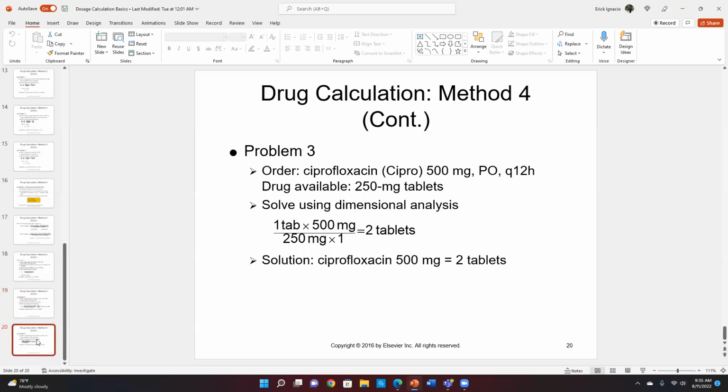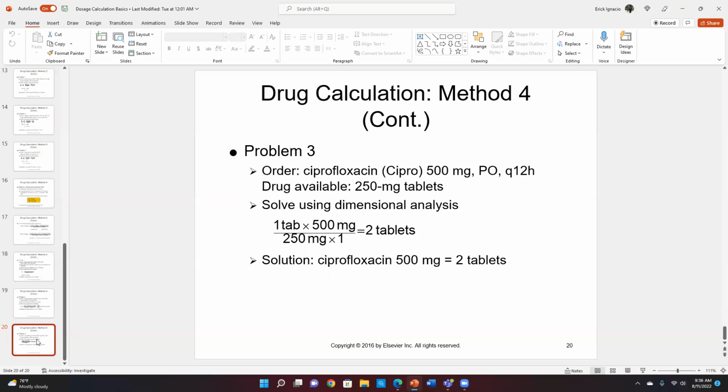All right, let's look at our last problem with dimensional analysis. We have ciprofloxacin, also known as Cipro, 500 milligrams to be given PO by mouth Q12H, so every 12 hours. What is available is 250 milligram tablets.